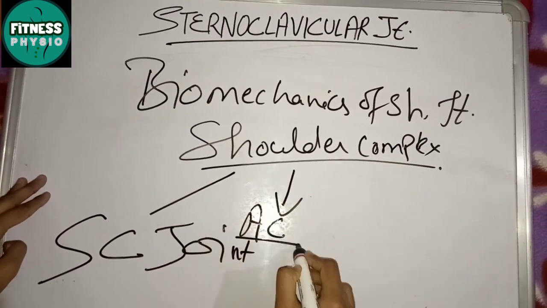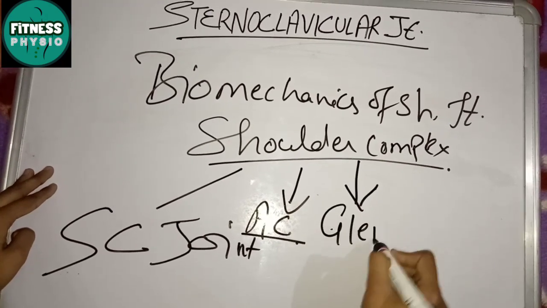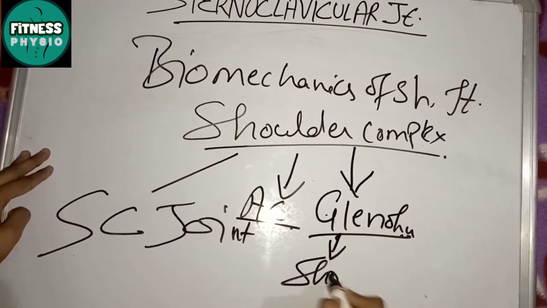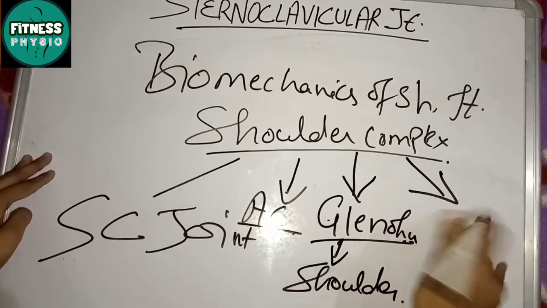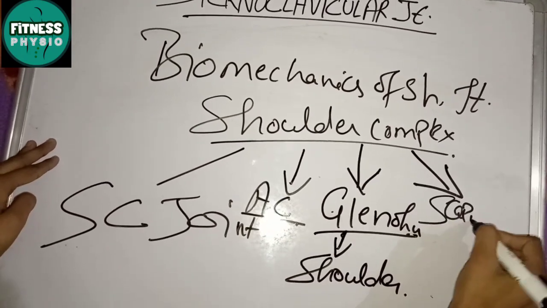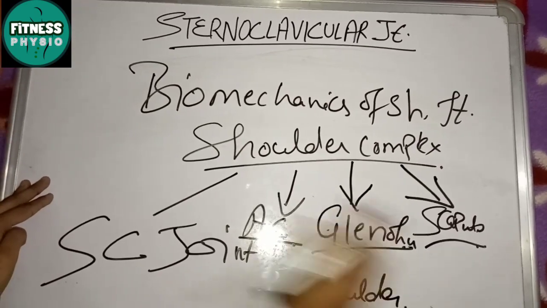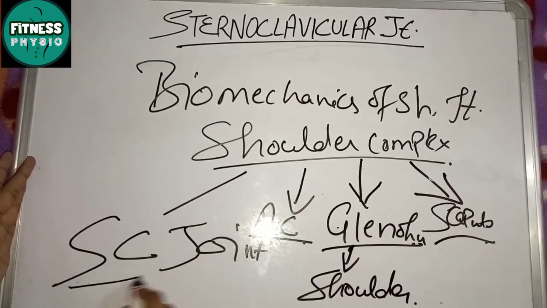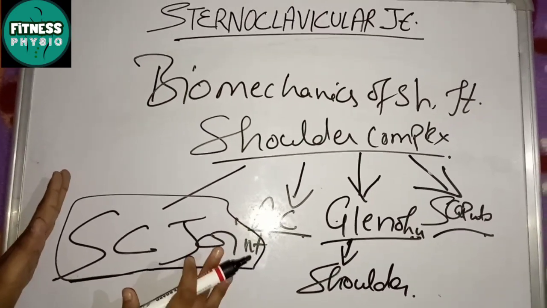AC joint, acromioclavicular joint. Next is your glenohumeral joint, which you call the shoulder joint. And next and last is your scapulothoracic joint. So these are the four joints which come under shoulder complex, and in this video we will be discussing the SC joint. So let's start the video.